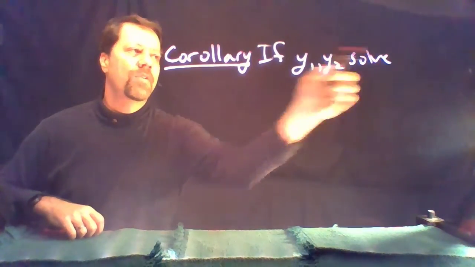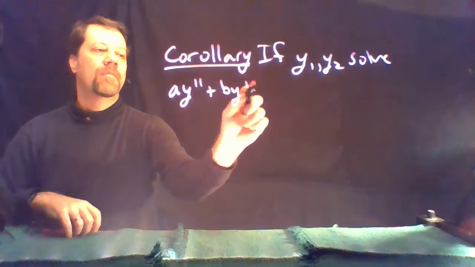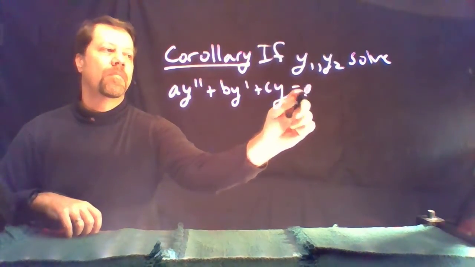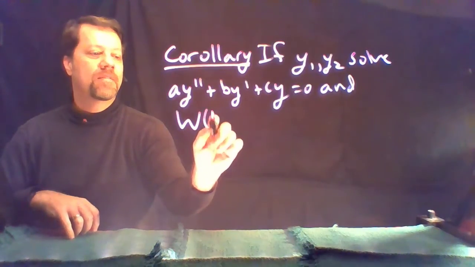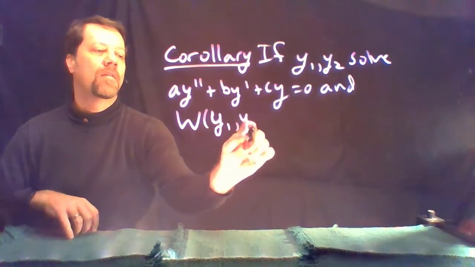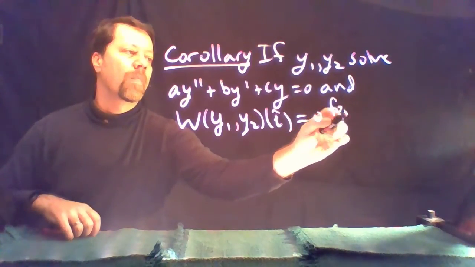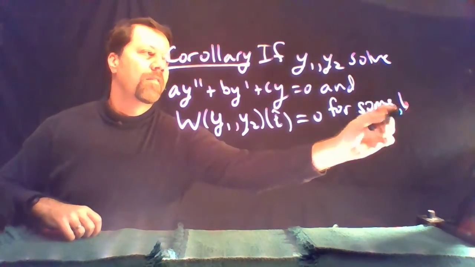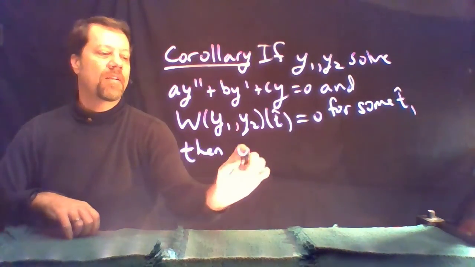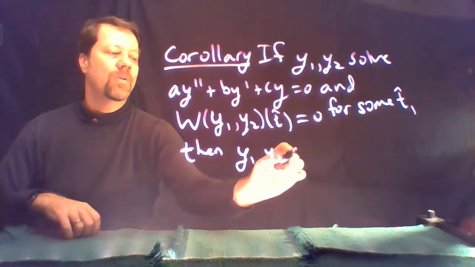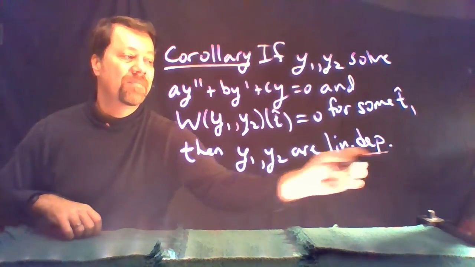If we have some solutions to our basic problem, and if the Wronskian is 0 for some t hat, then y1 and y2 are linearly dependent.